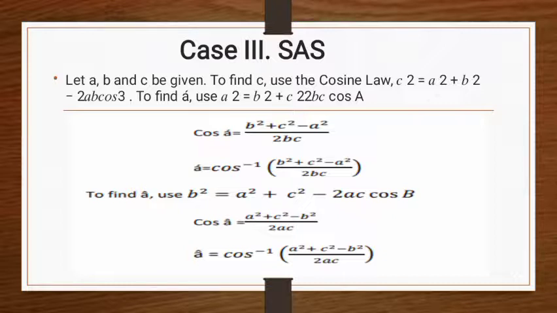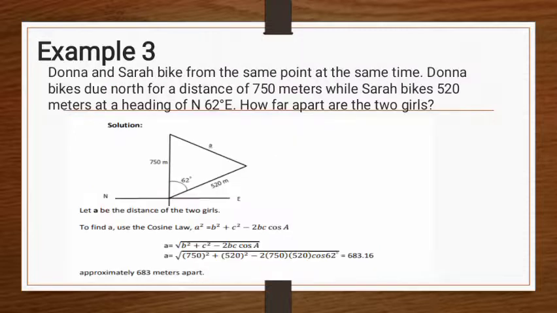To find B, use B squared equals A squared plus C squared minus 2AC cos B. Cos B equals A squared plus C squared minus B squared over 2AC. B equals cos inverse of A squared plus C squared minus B squared over 2AC.